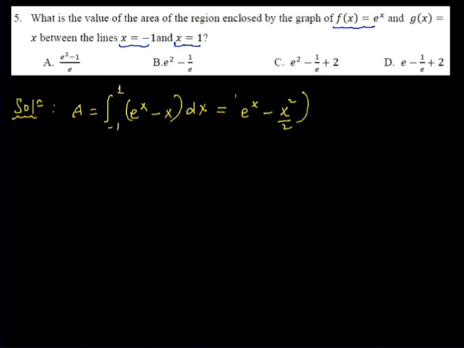We evaluate this from minus 1 up to 1. First substitute 1: e to the power of 1 minus 1 squared over 2. Then substitute minus 1: e to the power of minus 1 minus minus 1 squared over 2.